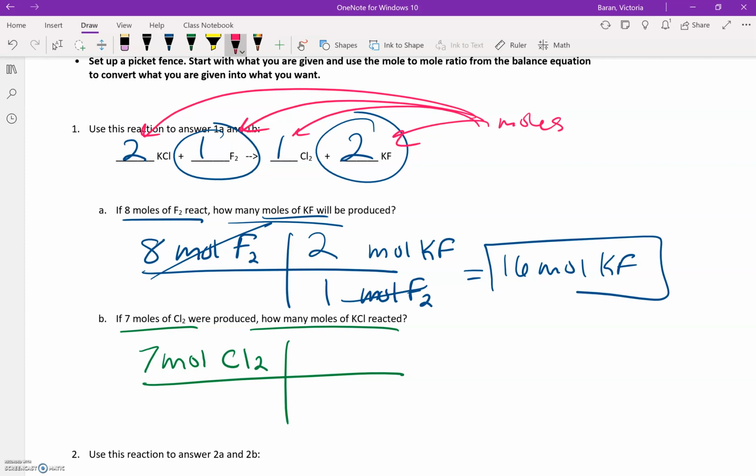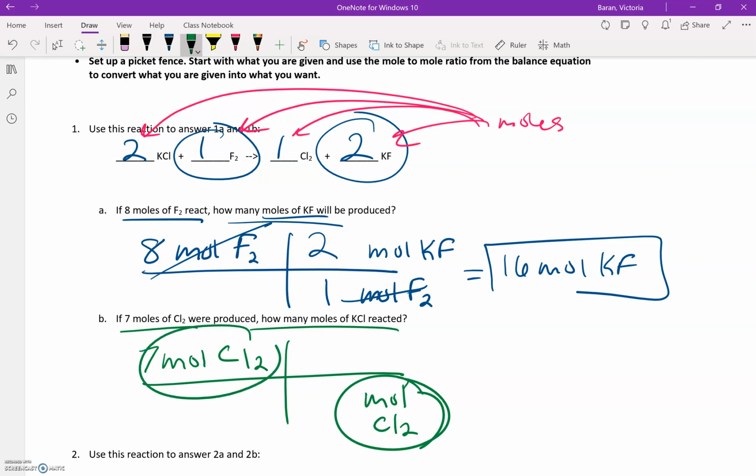It's representing the mole-to-mole ratio between all of these different substances involved in this chemical reaction. So again, like any picket fence, the units that you have here need to be the same as the units that are here. So ultimately, in the end, they cancel. So if you're ever stuck with a picket fence, just write the unit that you know will go there.